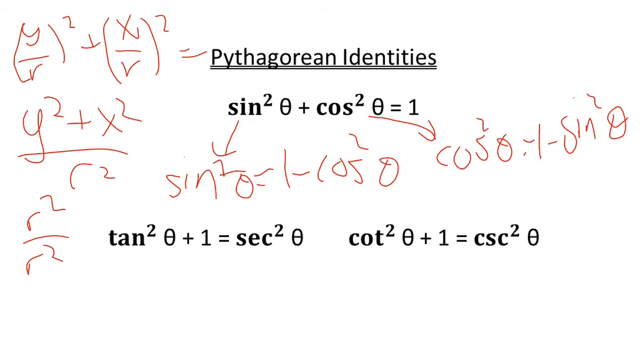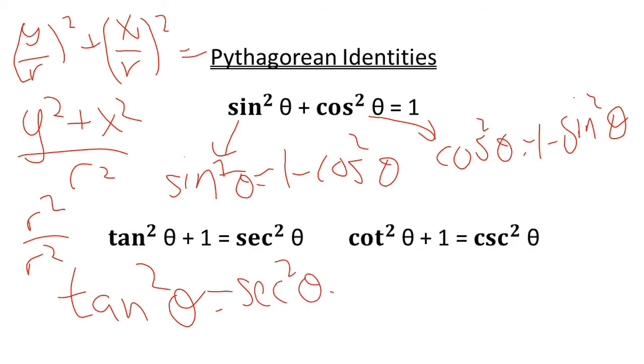The same is true for the next two Pythagorean identities. Tan squared theta plus 1 equals secant squared theta. So if I'm trying to find secant squared theta, I'd use that. If I'm trying to find tan squared theta, all I'd have to do is minus 1 on both sides. And I will get tan squared theta equals secant squared theta minus 1.